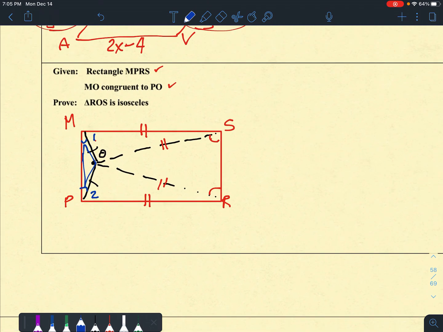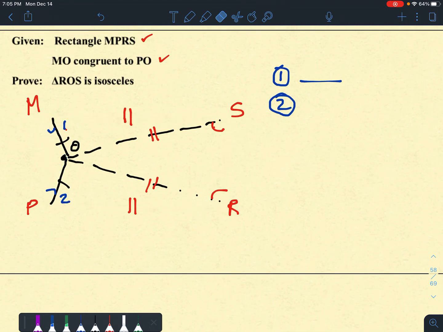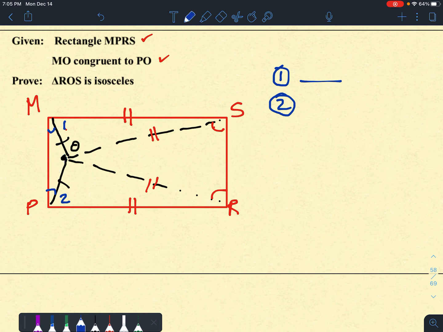So I think this is probably a 6 or 7 line proof. We've got our given, we've got line 2, we've got angles. Again, we probably want to call them 3 and 4. So angle 3 is congruent to angle 4, and that's because base angles are congruent when the sides are congruent in a triangle.